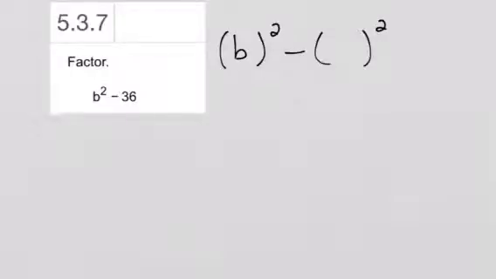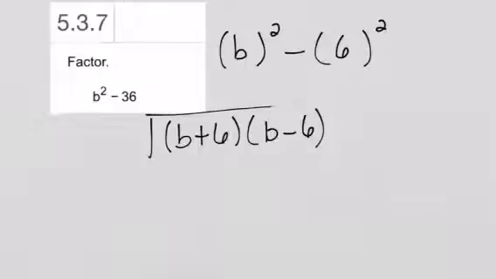And in the second parentheses, what can I put inside there that when I square it, it's going to take me to 36? And that is 6. Now we have something squared minus something squared, and according to the definition, the first factor is going to be b plus 6, and the second one is just b minus 6.